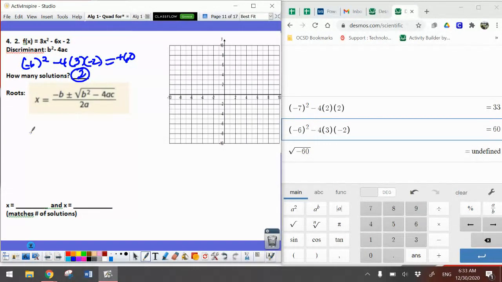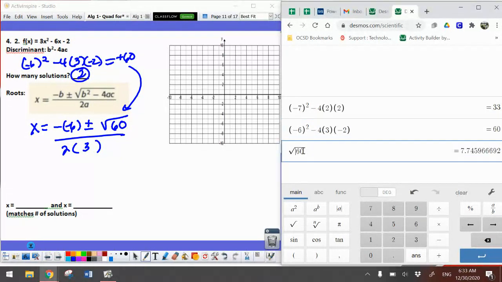So let's use our formula. So x equals, there's our plus minus, throw in our 60 in here, and 2 times A, and I need my B. All right, so here's where we see the decimals show up, okay? So if I take the square root of 60, I'm going to change this -60 to a positive 60, I get 7.745.